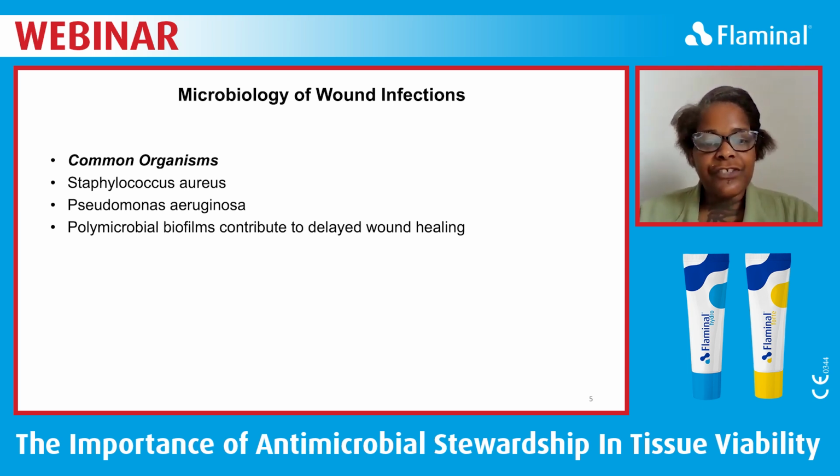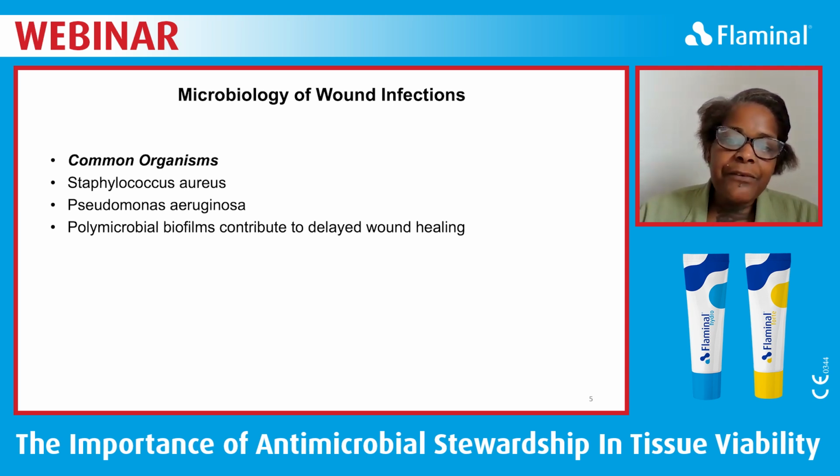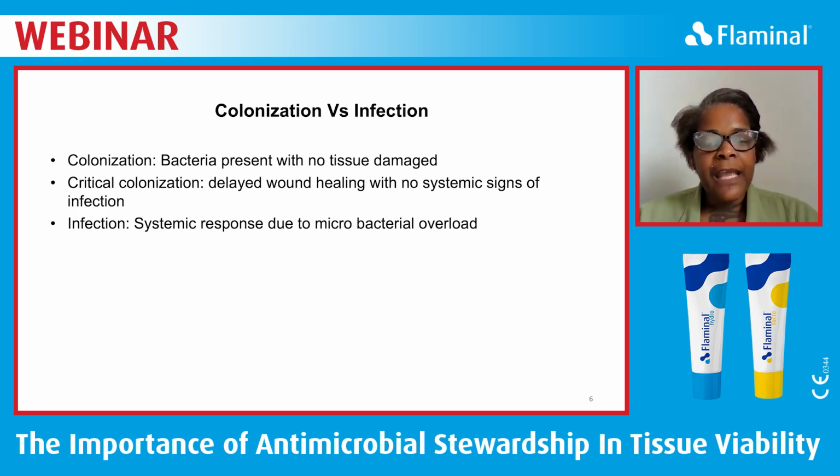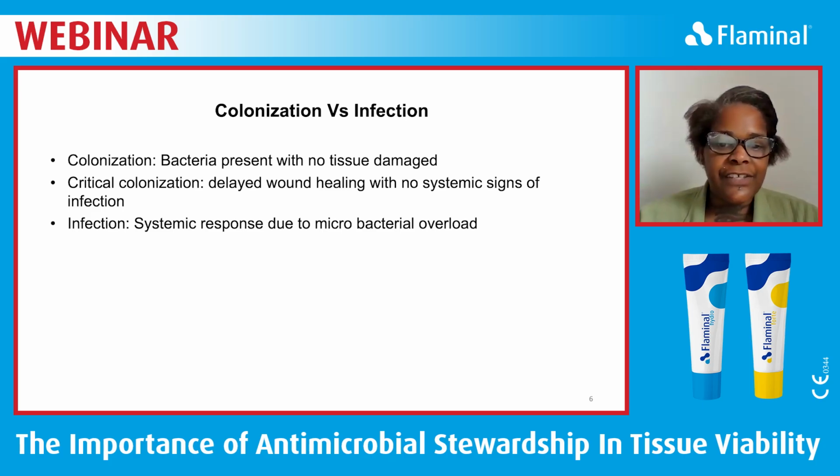Microbiology of wound infections. We know that there are common organisms such as Staphylococcus aureus and Pseudomonas aeruginosa, as well as polymicrobial biofilms that contribute to delayed wound healing. We know that there's a need to be sure of when a wound is showing signs of colonization versus infection, and that colonization exists when bacteria is present with no tissue damage.